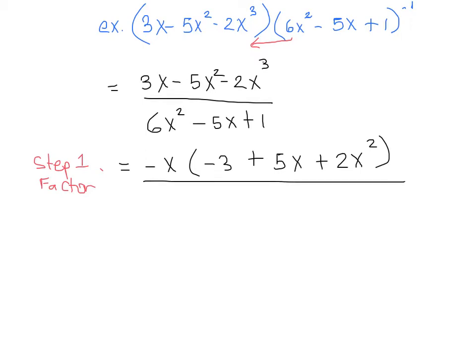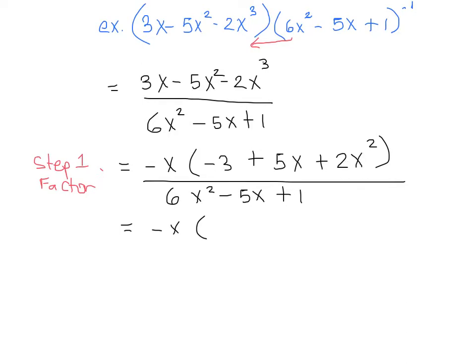I'm going to rewrite the bottom and take care of it later because I just want to do one thing at a time here. Okay, cool. Now I'm going to rewrite the top in a way that we are used to seeing and used to factoring. So I'm rewriting that, and I'm going to order this first, then this, and then that.